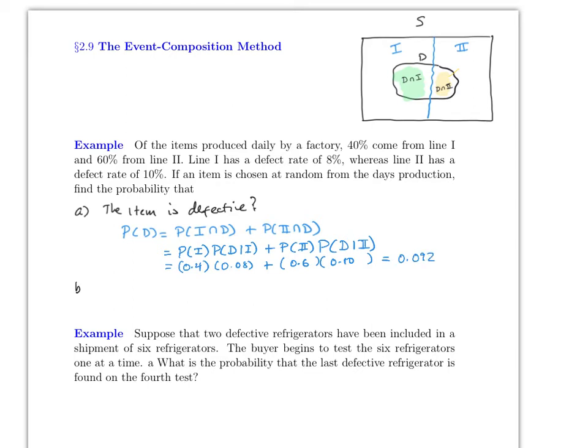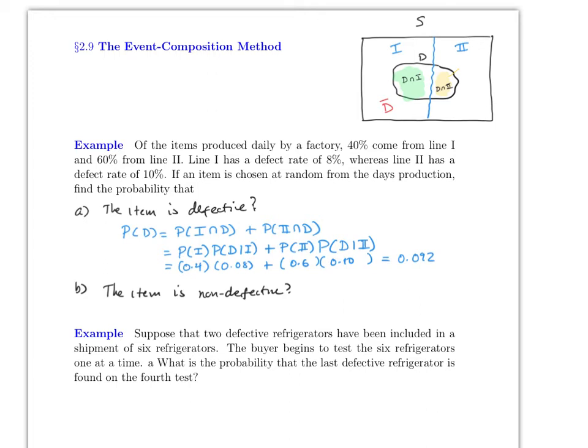Now, part B, let's say, what's the probability that the item is non-defective? And essentially, you could do the same thing, because now this part means not defective. So this part is the intersection of not defective from factory 1, and this is not defective from factory 2.